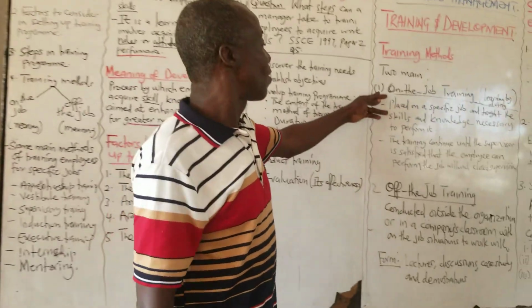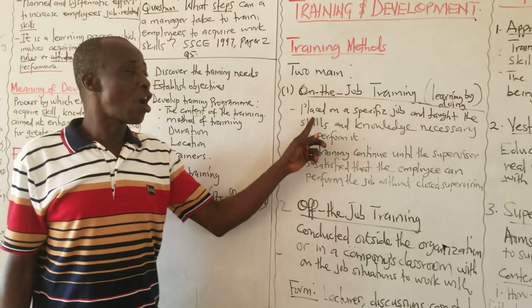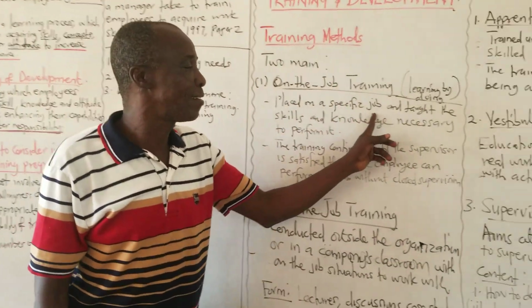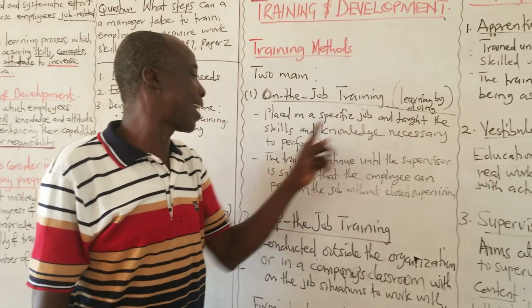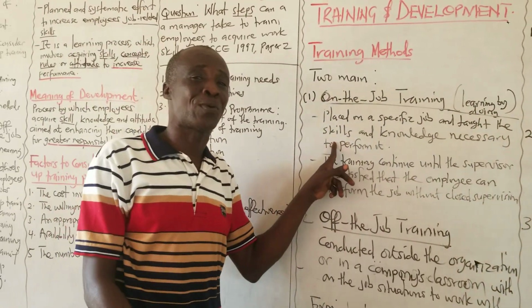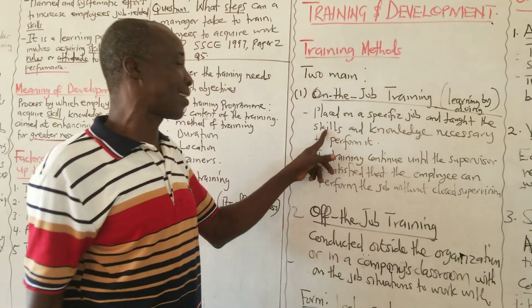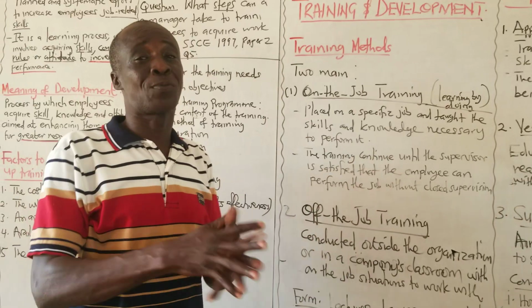So when you say on the job, the worker is placed on a specific job and taught the skills and knowledge necessary to perform it. That is on the job.